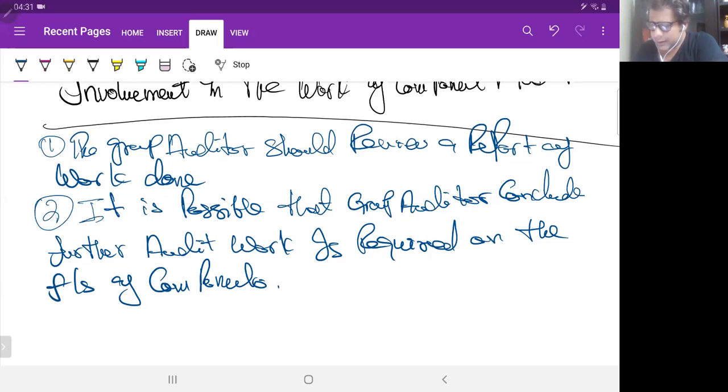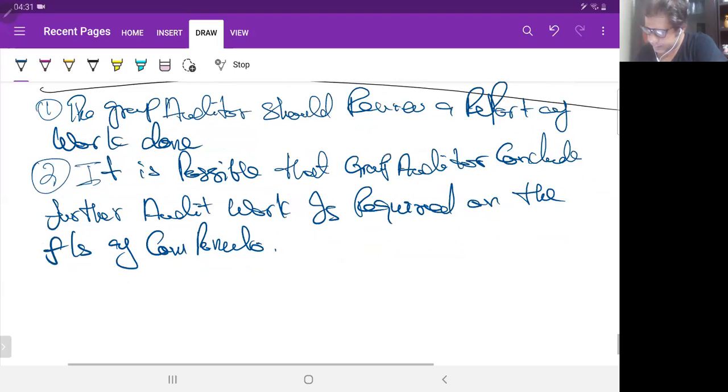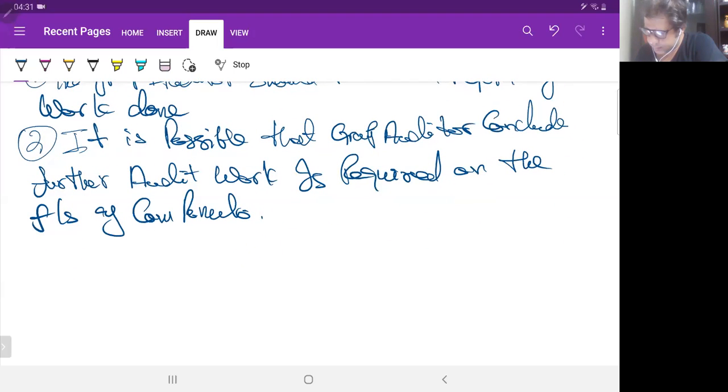Okay, then the group auditor should determine the nature of the work necessary, and whether the work should be performed by the group auditor or the component auditor.